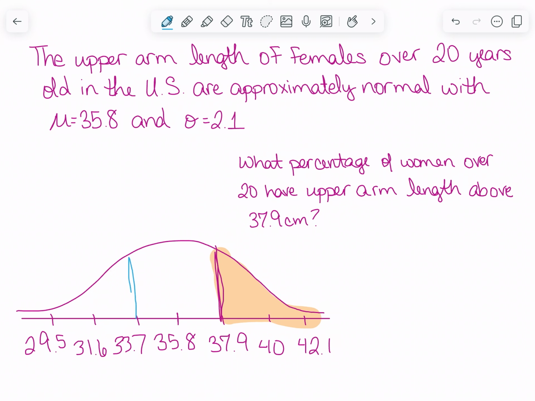However, between 33.7 and 37.9 does hold 68% of my data. We do know that. In addition, halfway is going to hold 50% of my data, so there's going to be 50% to the left and 50% to the right.